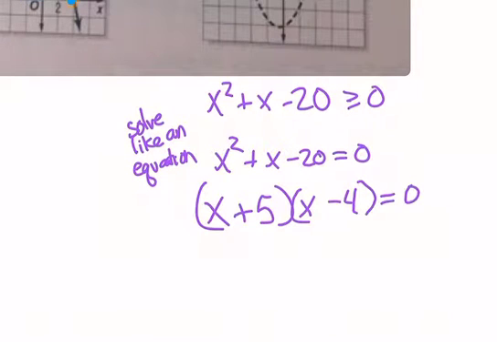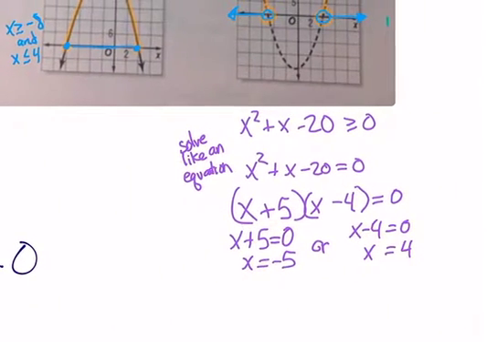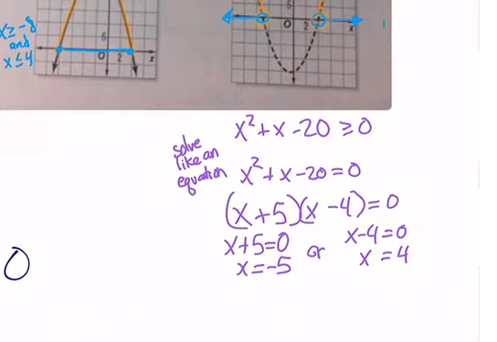If I'm solving it to see when it's going to equal 0, what we know is I have to multiply by a 0. So either this first factor equals 0 when x is negative 5, or the second factor equals 0, I add the 4 on both sides, when x is 4. Just to confirm, that is what we saw up above. We wrote positive 4 on the right and negative 5 on the left.